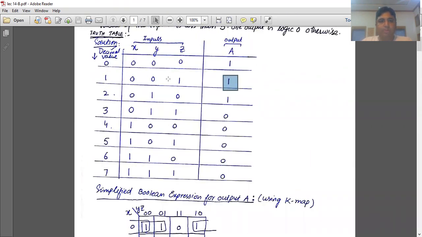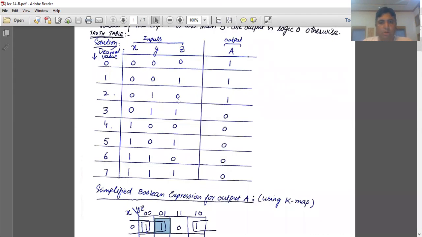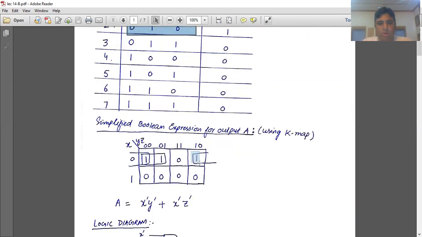Then when X is 0, Y 0, Z is 1, this one. Then the output A has 1 when X is 0, Y is 1, Z is 0, this square. So three ones here, and all the other squares will have zeros.